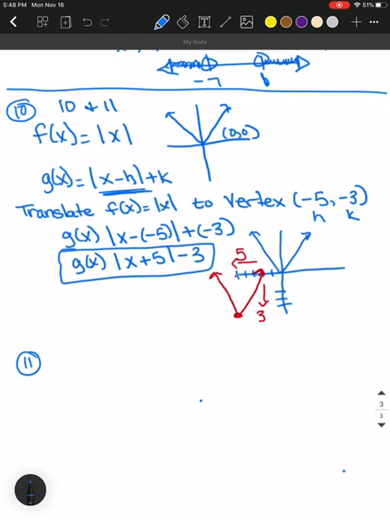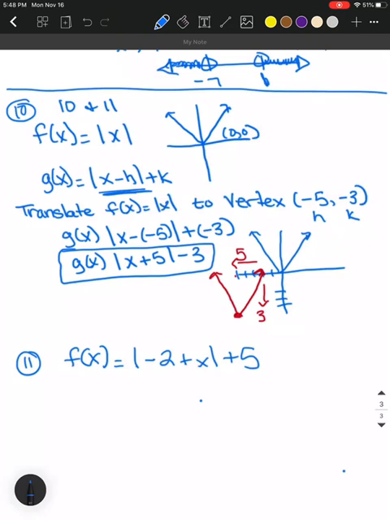Number 11, we're going to horizontally stretch it by a factor of 3. So here is my function. F of x is equal to the absolute value of -2 plus x plus 5.